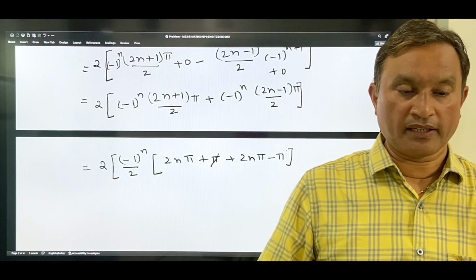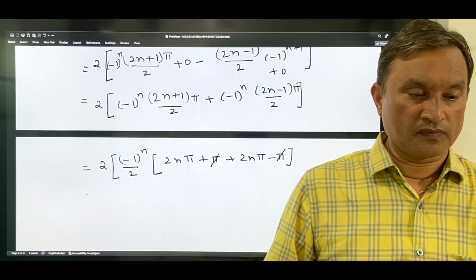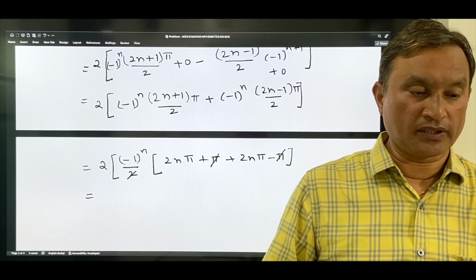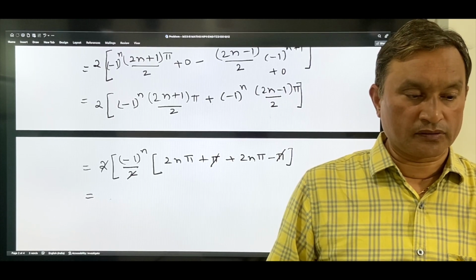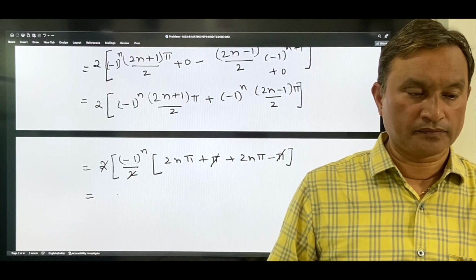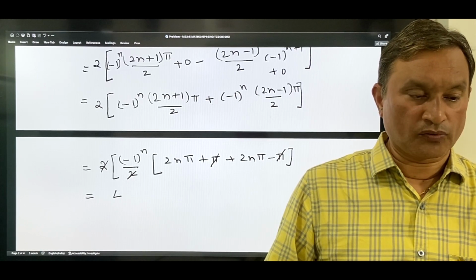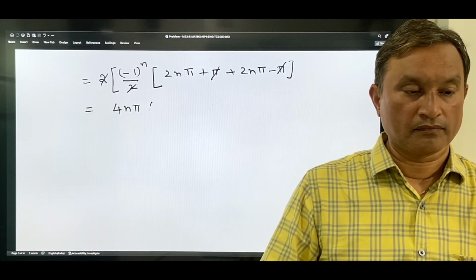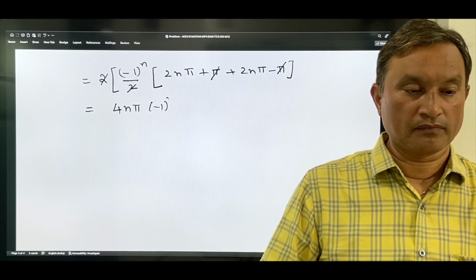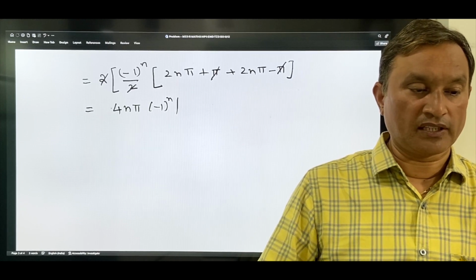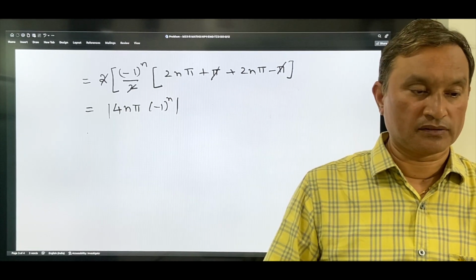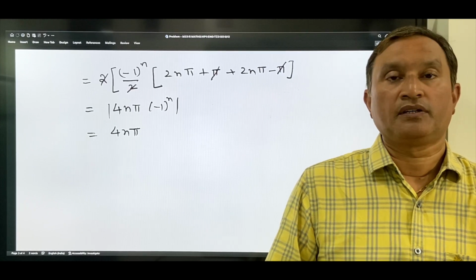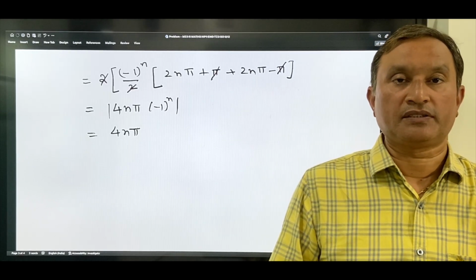So pi and pi get cancelled, and 2 and 2 cancel. So we will be getting 4 and pi, and since the area is a modulus, the answer would be 4n pi. So this is the solution of C part.